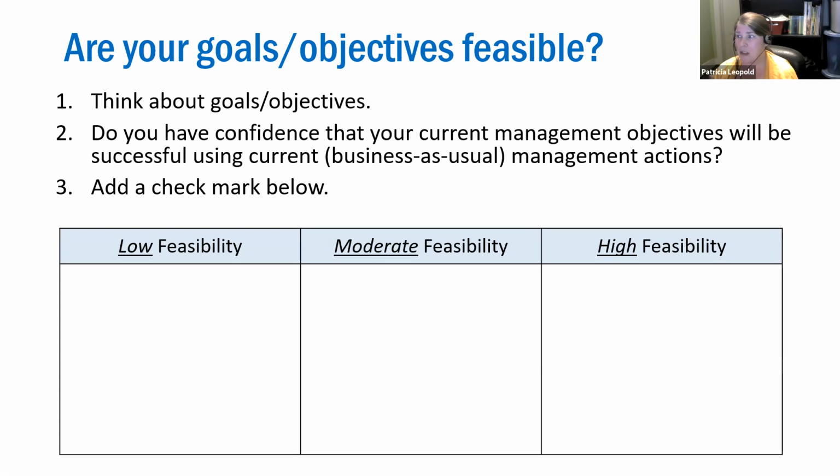So we're going to do another annotate activity. If you remember how to use the annotate function, I just want you to use that stamp tool to indicate how you rated your objectives, and you can mark different ratings for different objectives. So just pick 1 to 3, and I see folks are using that mark already.